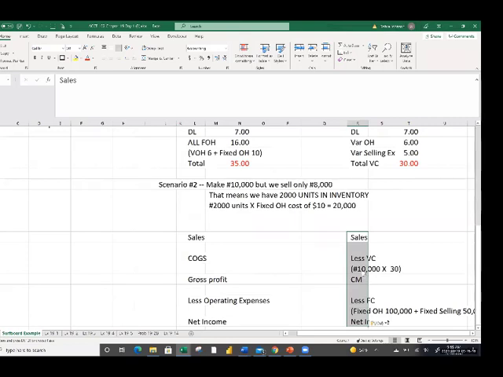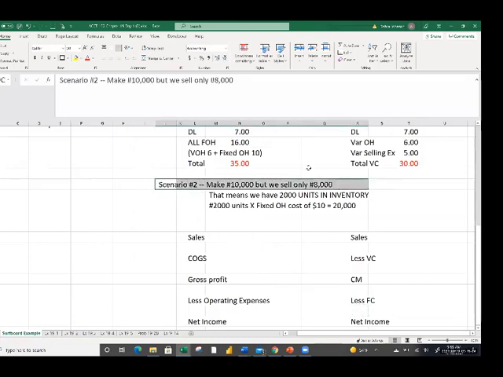Now we'll probably have to change some of these numbers, but at least we have our format down. Okay, so here's scenario 2. If you understand this when we're done with it, and you're able to do 1 or 2 of the homework problems with me and project out for yourself what's going to happen on the second income statement, you will have this down. Okay, so the sales, remember we made 10,000, but we sold 8,000.